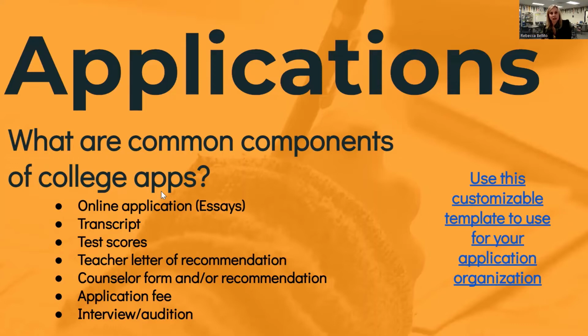So I've created a spreadsheet template that you can utilize if it would be helpful to you. And it has check boxes or notations of all the different components that you might need to consider when submitting your application to each of your colleges.